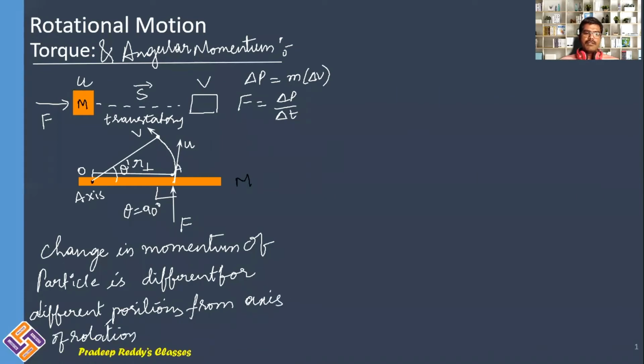At a different position from the axis of rotation, we will have different momentum. Is it not? Because the torque acting on the object is different. Torque produced at different positions is different. That's the reason why the momentum which is being seen in this case, for every particle it will be different. Therefore, I can define a new physical quantity called angular momentum.